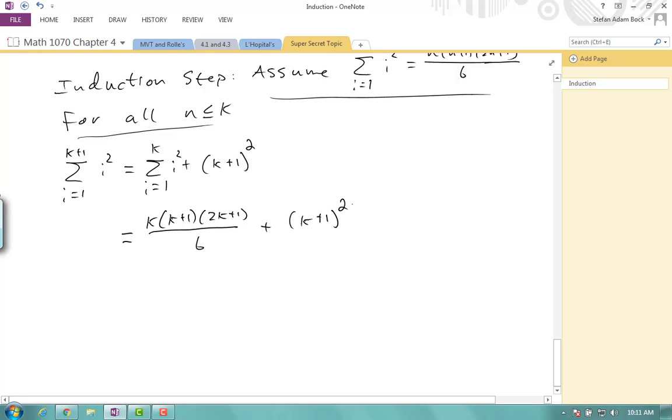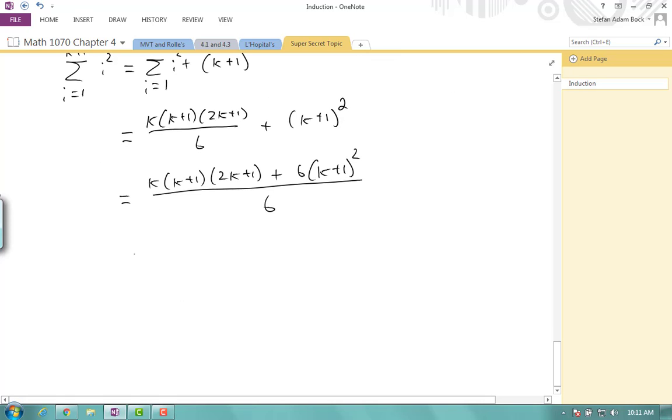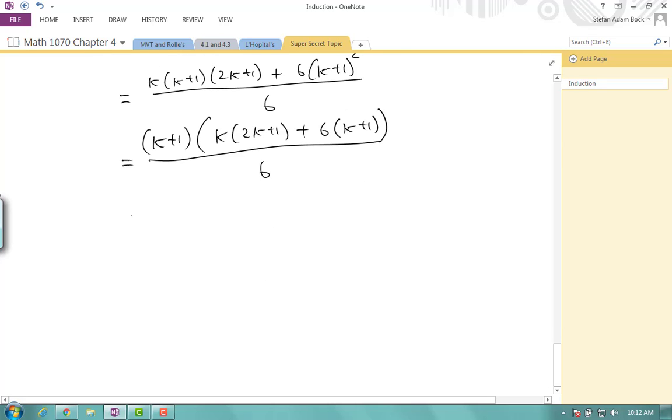And then I just need a common denominator between these two. So let's find out what this looks like. I'll factor off a k plus 1, because that's the best I can do, and see if I can make it look like the formula that I want. I'm going to multiply this out.